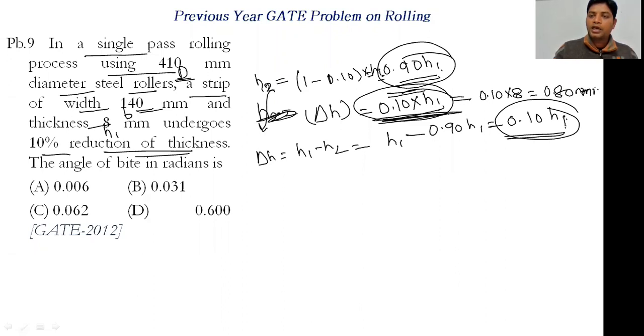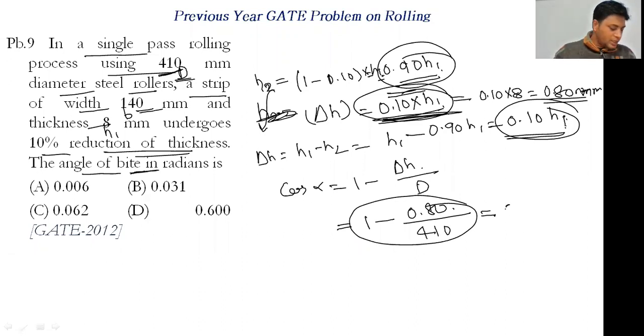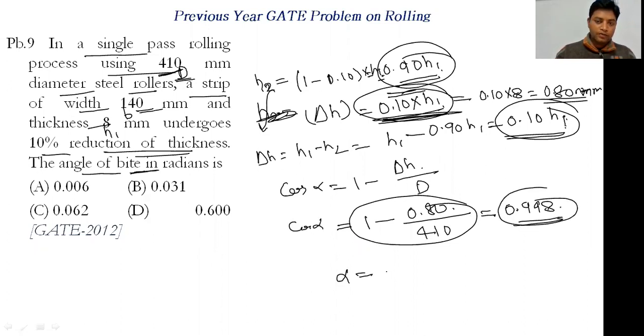Okay, calculate it and keep it, it may come in handy. Now we have to find the angle of bite. Again the same formula: cos alpha equals 1 minus delta h by D. Delta h is 0.80 and D is 410. When you calculate, what I am getting is 0.998, which is the value of cos alpha. When you take the inverse cos of 0.998, I get 3.5798 degrees. This is in degrees, but the answer is asked in radians, so you have to multiply by pi by 180.